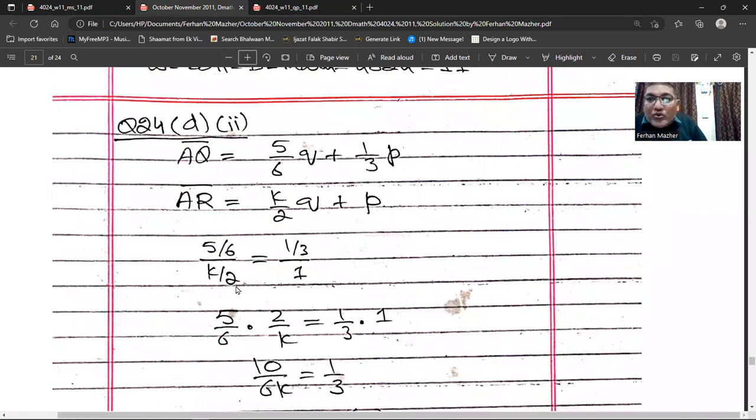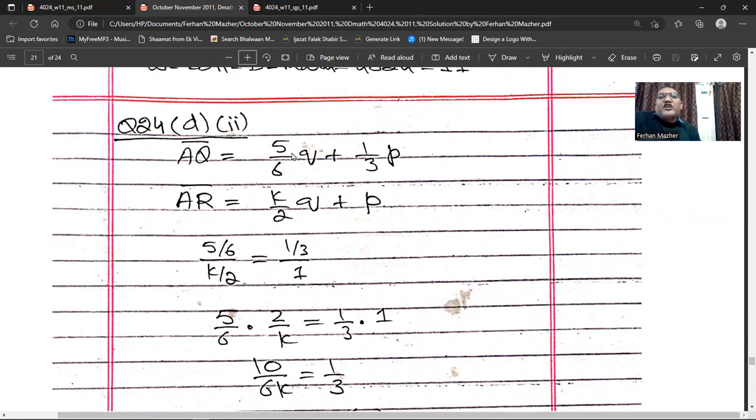So the AQ is 5 by 6 of the Q plus 1 by 3 P. AR is K by 2 Q plus P. Because A, Q, and R are on the same straight line, they are parallel to each other.